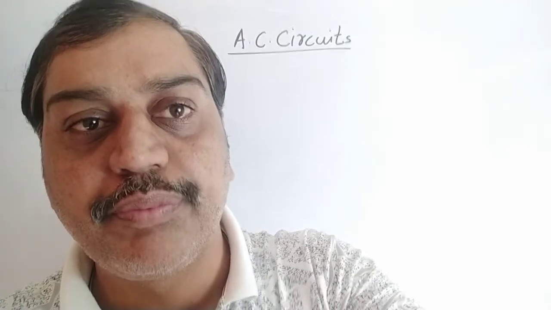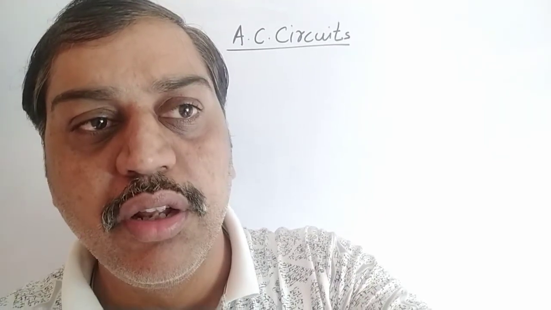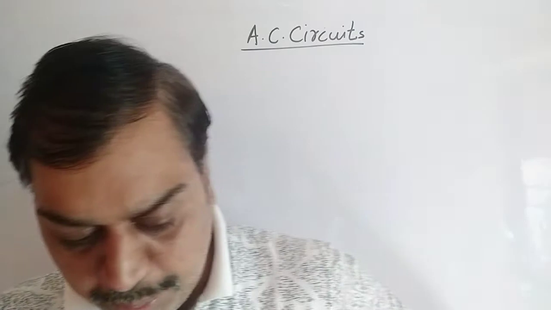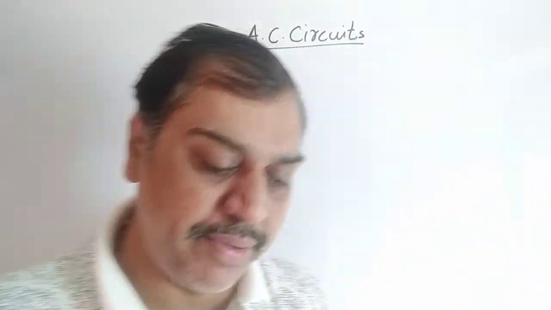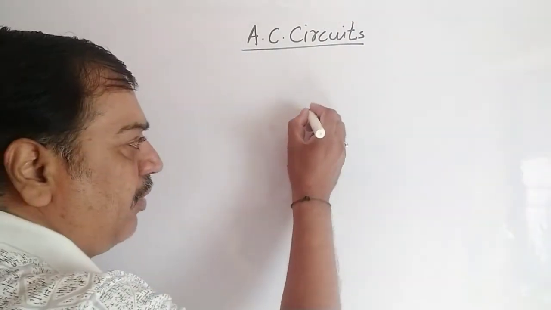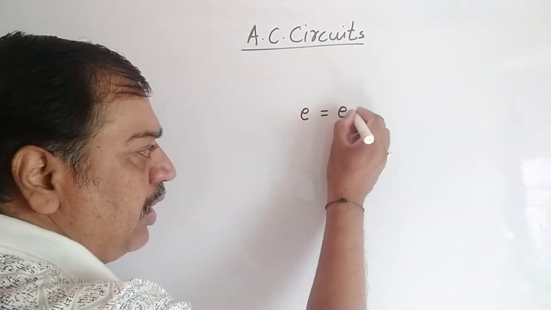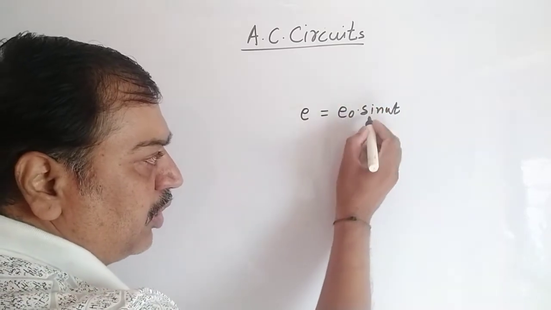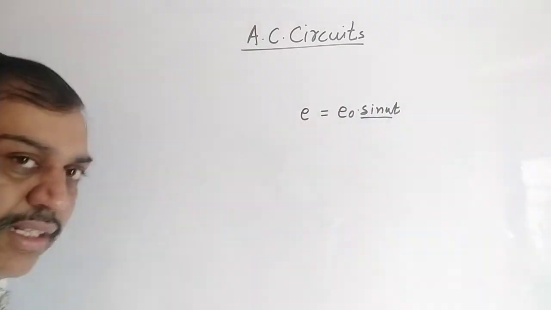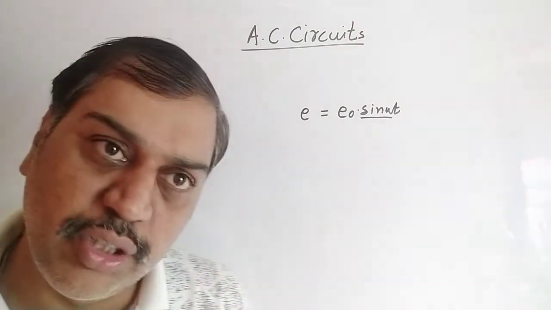Now here we have to see the basic part. Suppose the current is represented by I and the EMF or voltage is represented by E. So if we represent the voltage as E equal to E0 sine of omega t, this sine omega t is a trigonometric function we know.